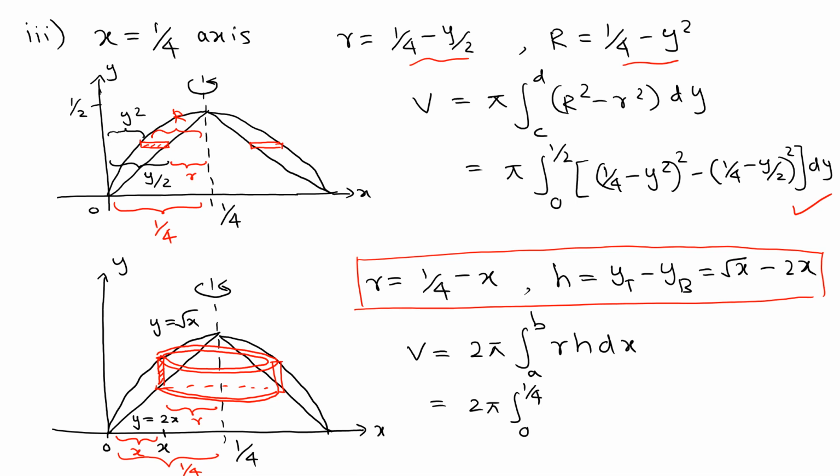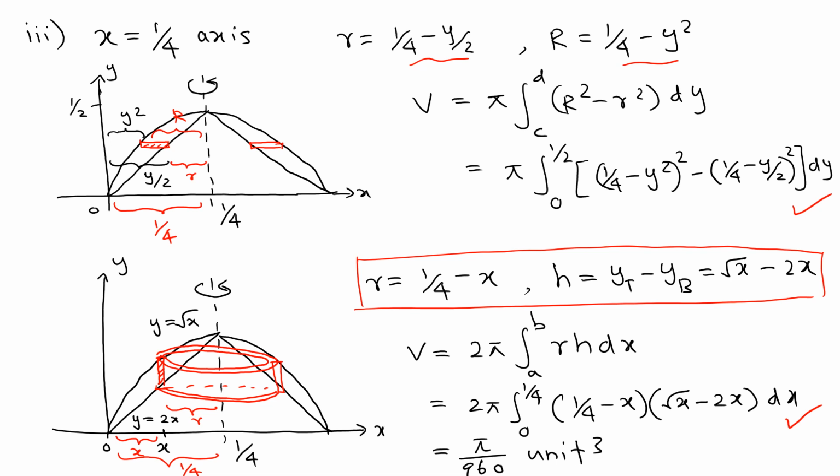The radius we found as 1/4 minus x, and then we found the height, which is square root x minus 2x dx. So that is the integral for the volume using the cylinders method. And if you finish the integral, you should get pi over 960 as the actual volume for the problem.